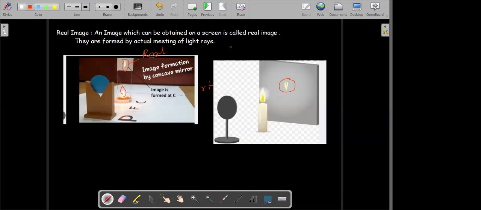If I try the same thing with a plane mirror, I will not be able to get this result. You can try this at home: bring a candle flame near a plane mirror, keep a screen and try to observe the image on it. You will not get any image over there.